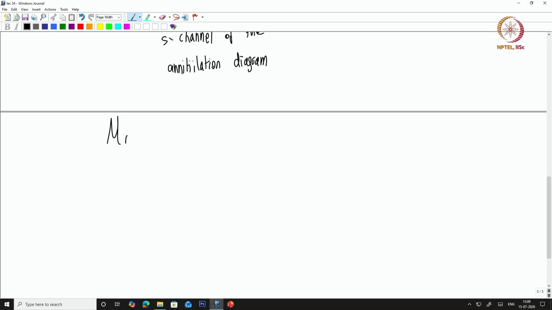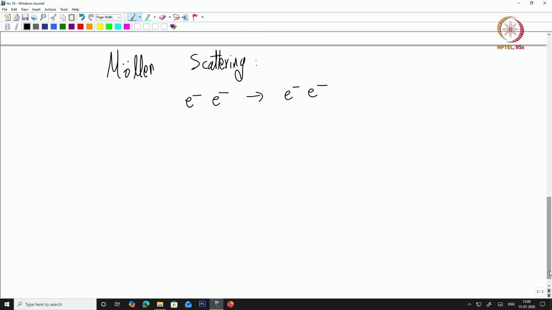We also looked at Moller scattering in the previous lecture. Moller scattering is E minus going into E minus, which is essentially a T channel and a U channel process, because we have same initial states and same final states.